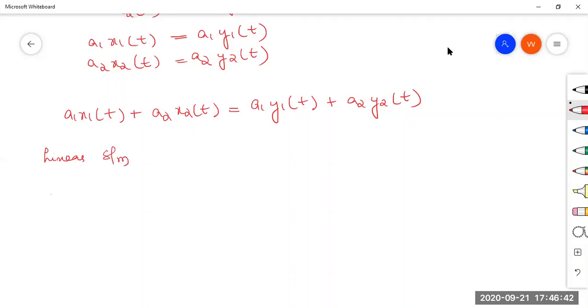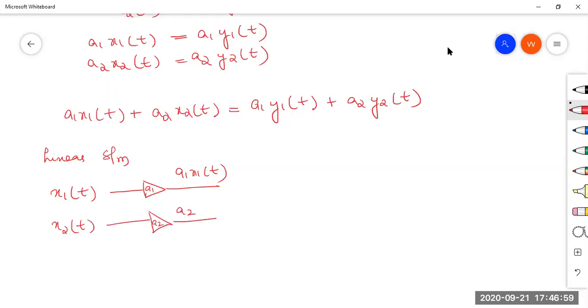If you have to check linearity, what you do is take x1 of t, multiply with the constant a1. The output will be a1 x1 of t. Take x2 of t, multiply with another constant a2. Output be a2 x2 of t. Then you add it together.